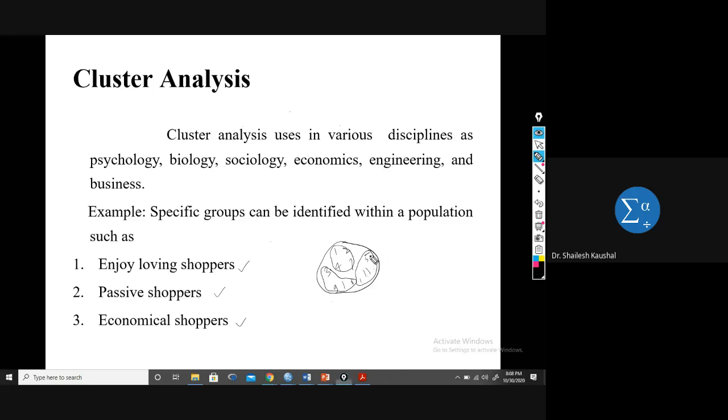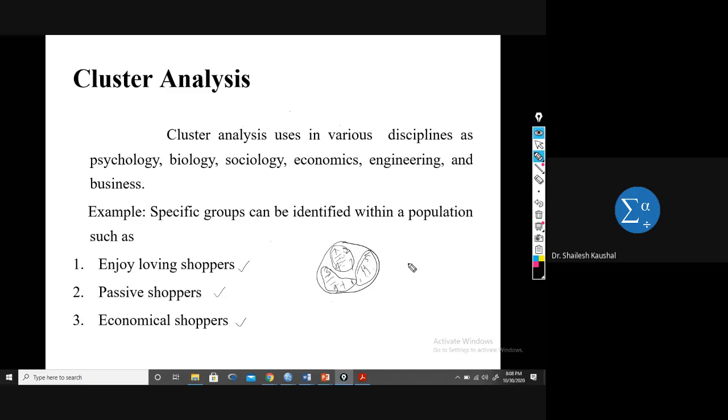This particular group is homogeneous but heterogeneous with the other group. The choices, likings, and preferences are the same within this group, but different from this other group.